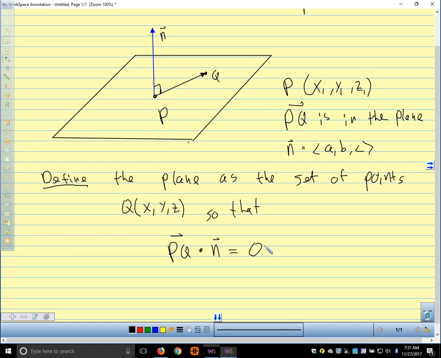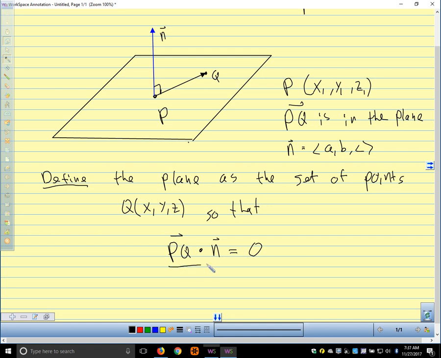So we're going to define the plane as the set of all points Q so that the vector from P to Q is orthogonal to the normal vector. And that's going to give us a plane. So for some point in the plane, as long as the vector from P to Q is orthogonal to the normal vector, we're going to be in that plane. All those points are going to be coplanar.